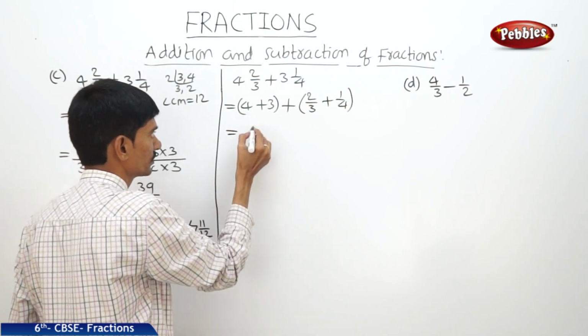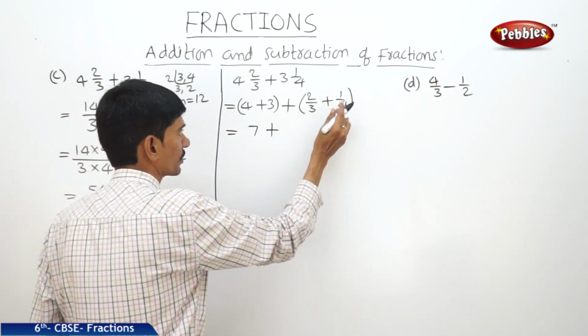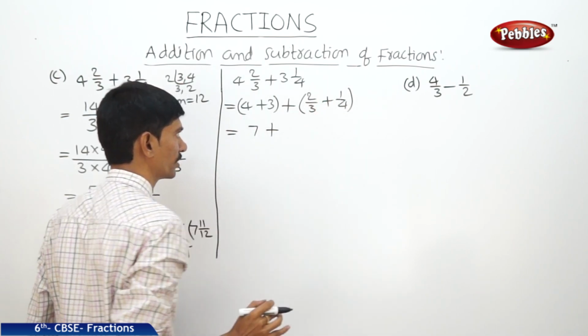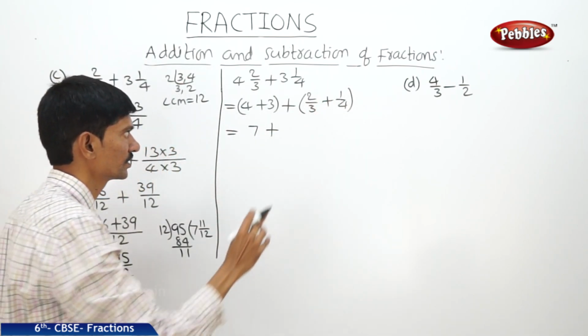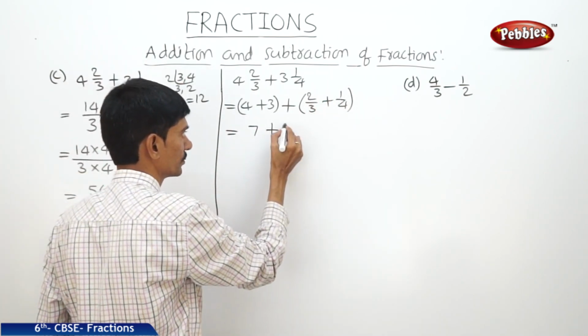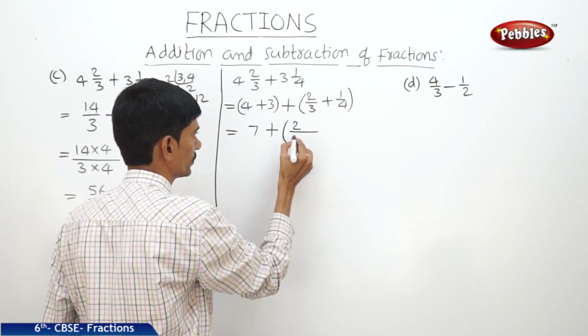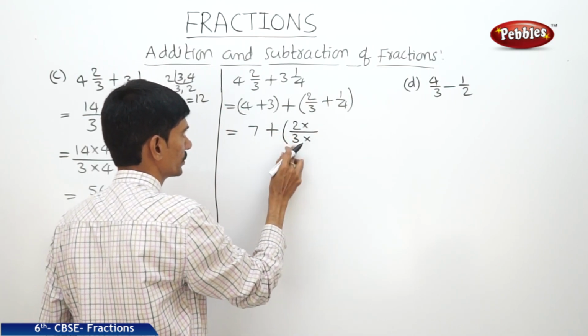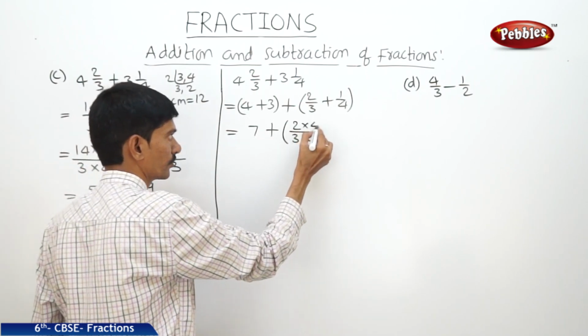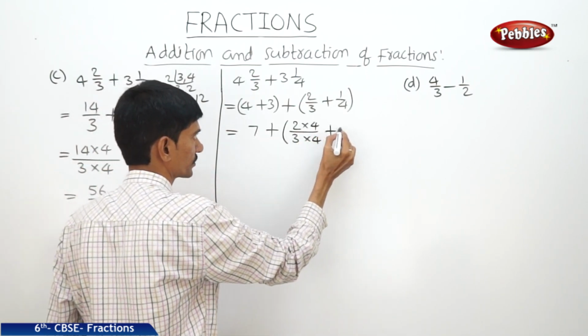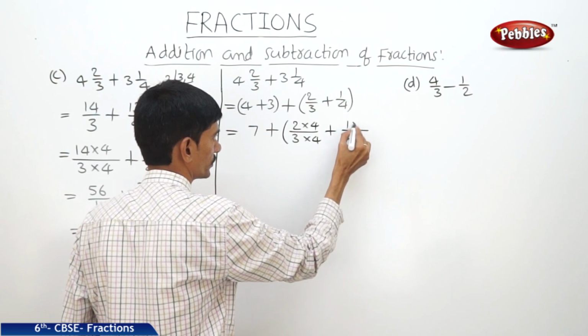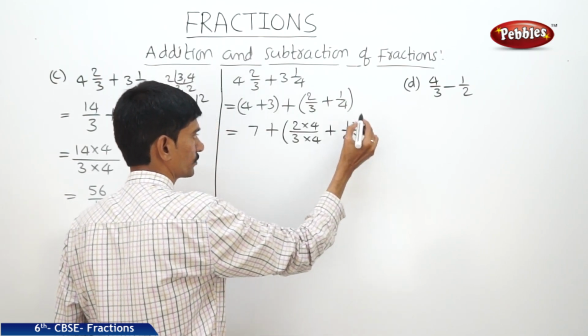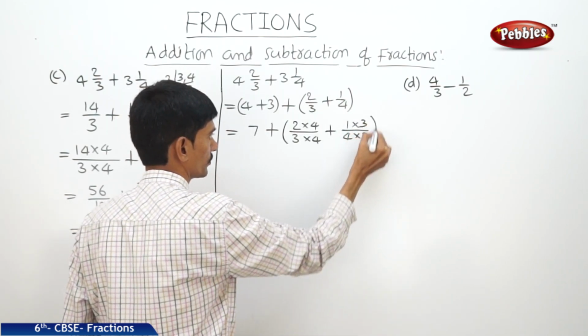Here 4 plus 3 is 7 plus, now these two fractions are not like fractions, so the LCM of 3 and 4 is 12. So 2 by 3, 3 4s are 12, so we take 4 by 4, plus 1 by 4, 4 3s are 12, so we take 3 by 3.